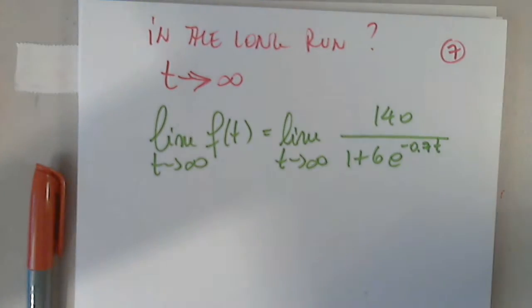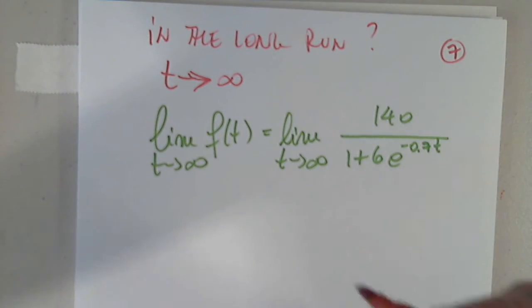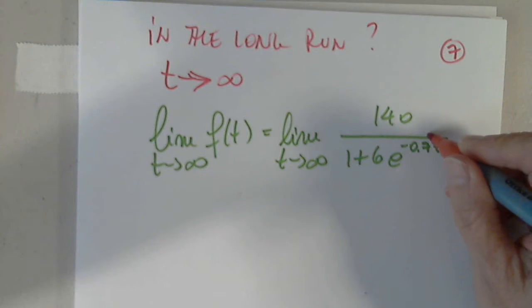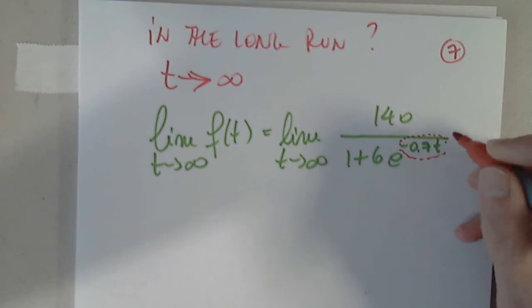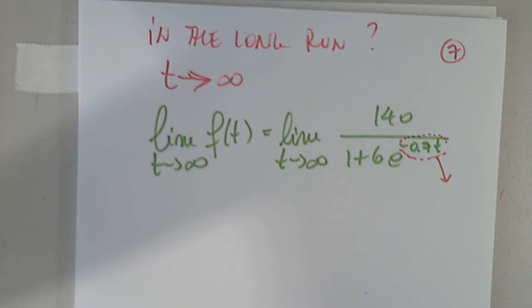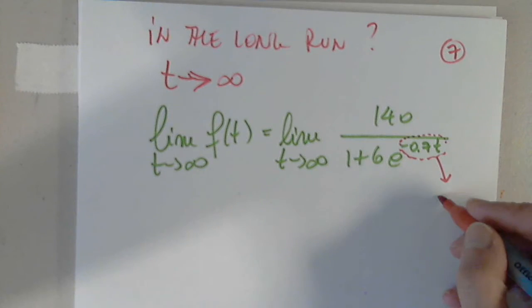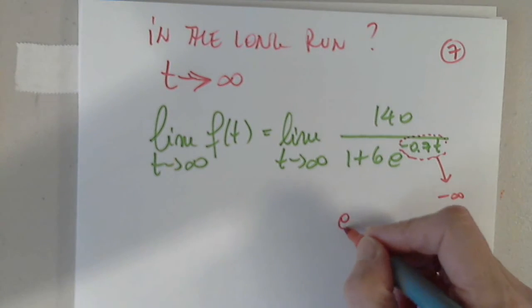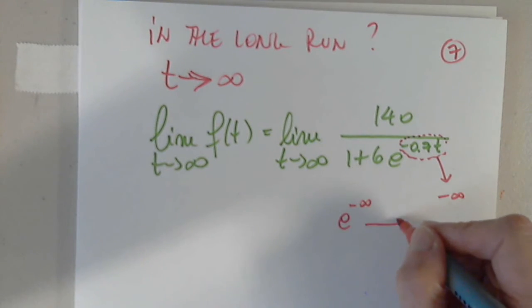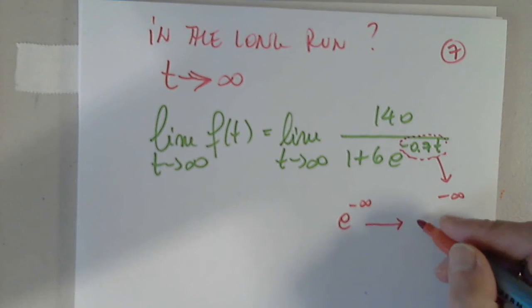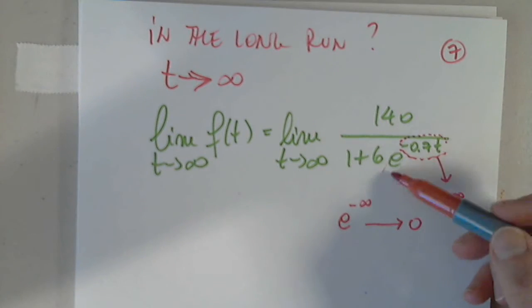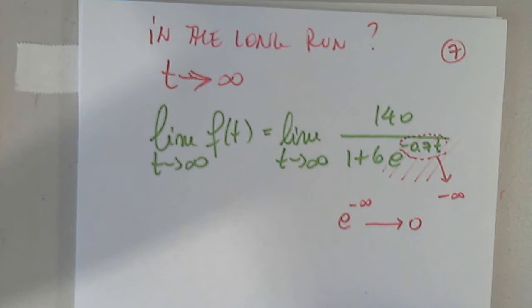Okay, so when t approaches infinity, where does the exponent go? Negative infinity. Great job. Where does e to negative infinity go? 0. Excellent. So then this piece is 0.